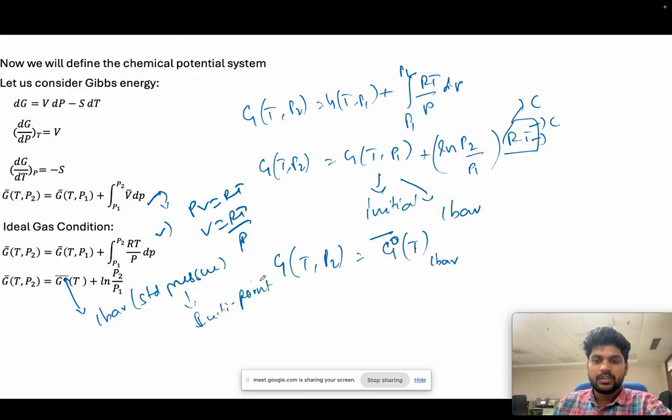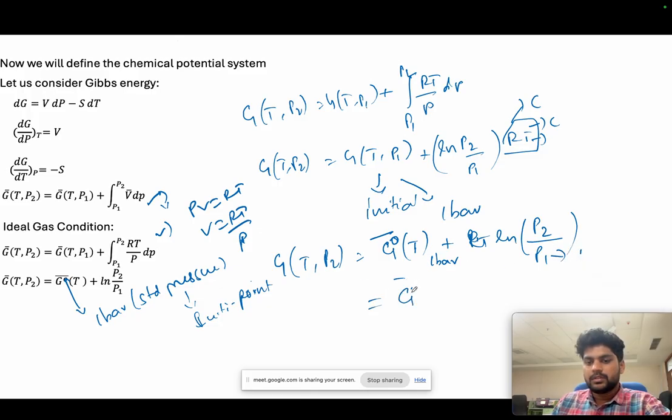Plus RT ln of P2 by P1. Here P1 will be 1, so it becomes G naught of T plus RT ln of P2. It is nothing but ln of P.